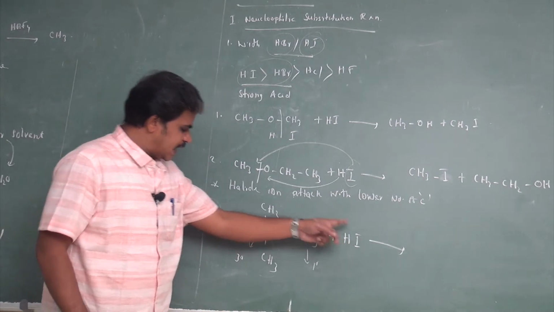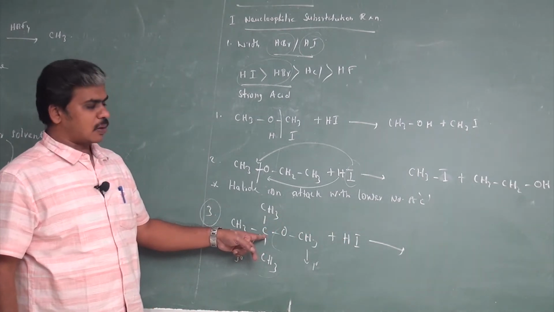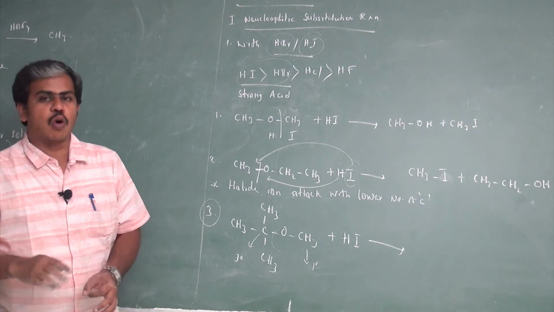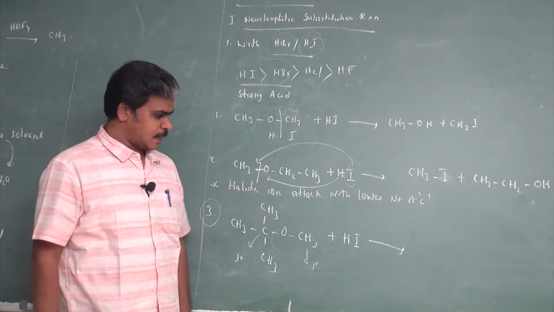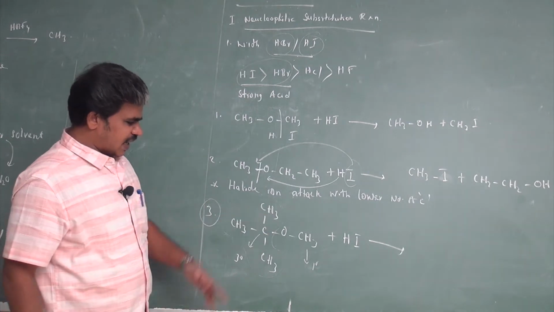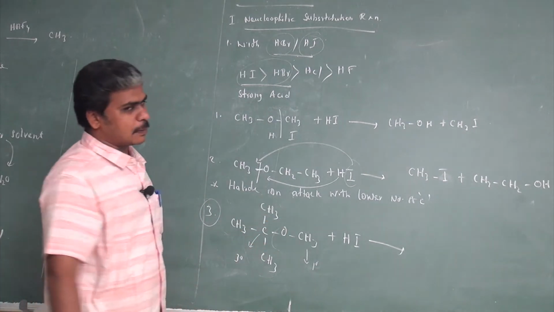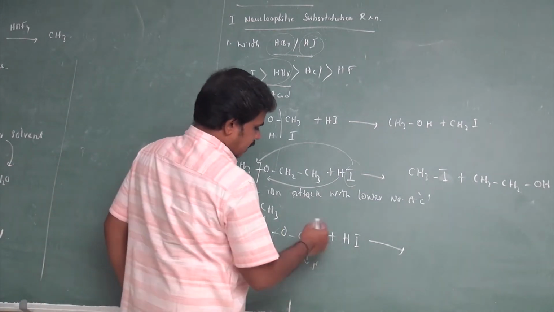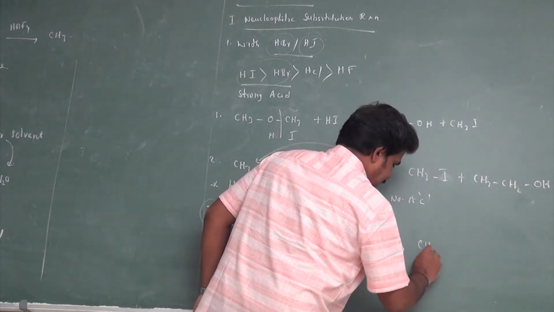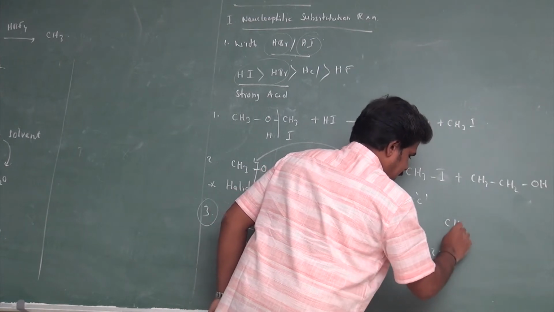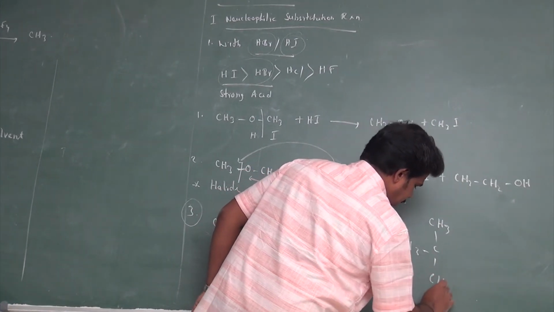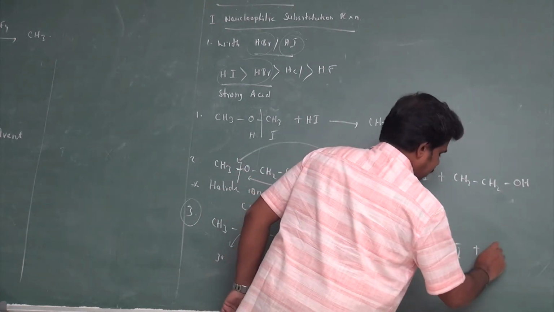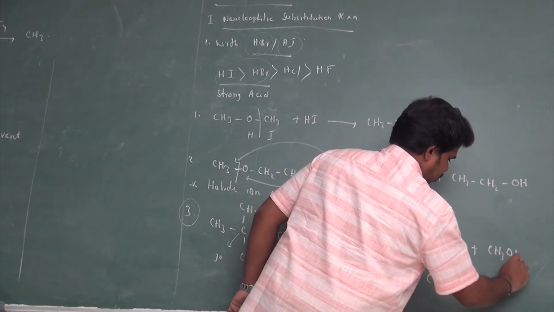So iodine attacks the tertiary carbon because the tertiary carbocation is more stable than the primary. And if you do the mechanism, we can easily identify it. So first we may write the product, and after that we may do the mechanism. So the product is CH3, C, CH3, CH3 and here I, and CH3OH.